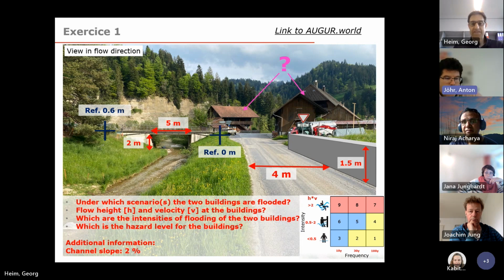That would then mean we are above 2 meters intensity, and we are in a 7. But for me, it would be strange to have a 7 in the middle of Switzerland for a 100-year event. So I could not really relate to that.